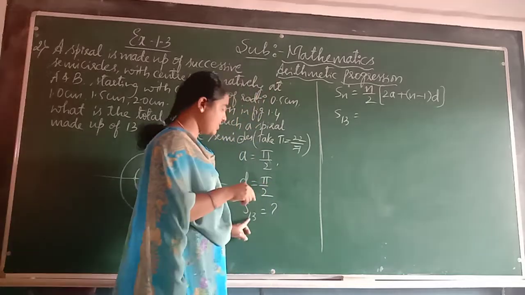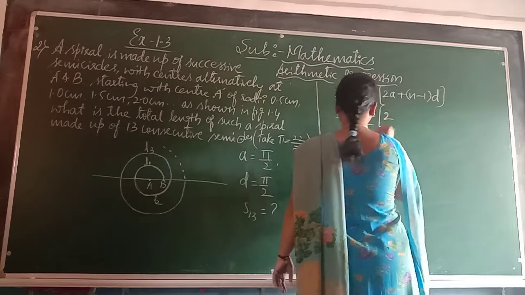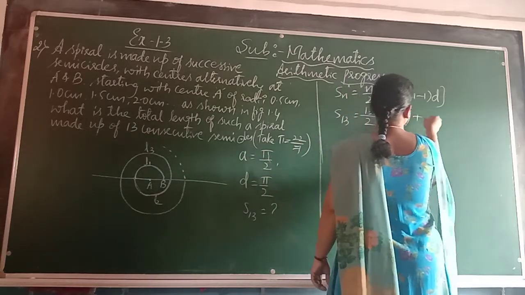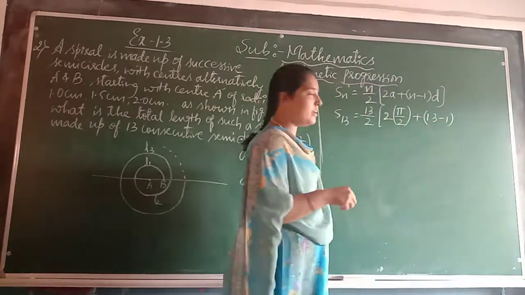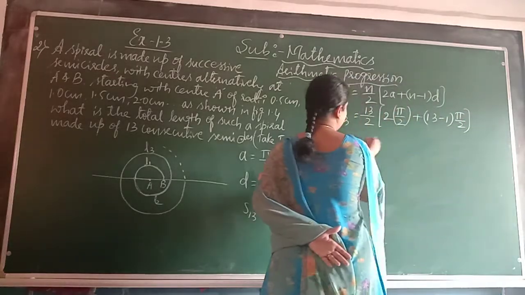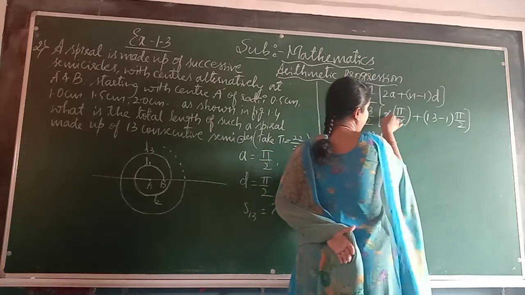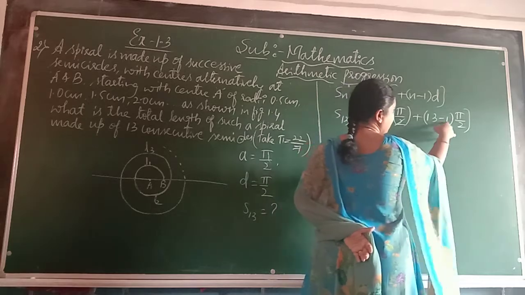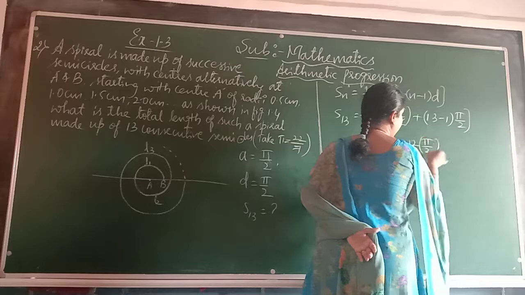In place of n, substitute 13. 13 by 2 into 2 times a, where a value is pi by 2, plus n minus 1, which is 13 minus 1, into common difference d, again pi by 2. Now, 13 by 2 into, here the 2s get cancelled, pi only remains, plus 13 minus 1 is 12 into pi by 2.